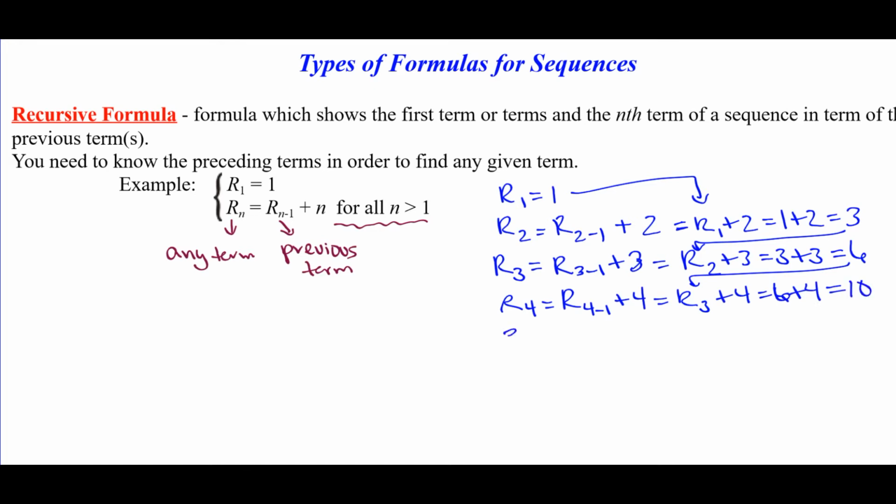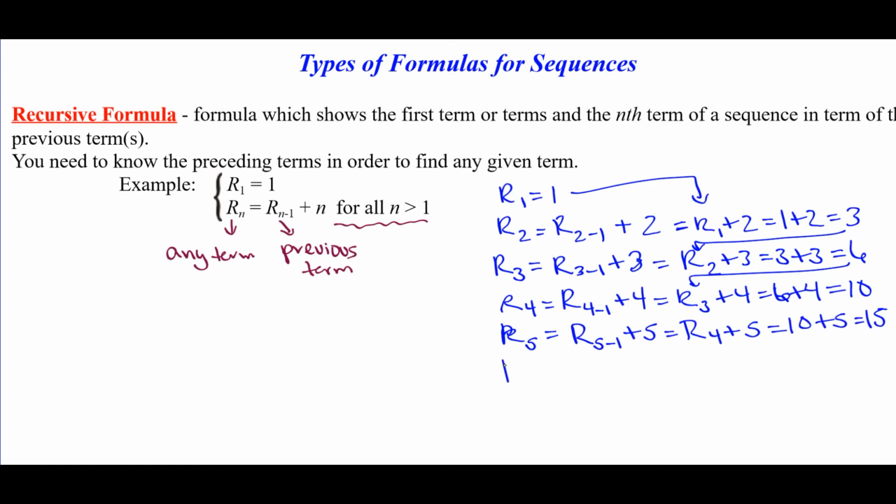So then I've got 2 more terms to build to get to that 6th term. So I want to find my 5th term, so r sub 5 minus 1 plus 5 here. So r sub 4 plus 5. So I'm going to plug in that 4th term, which was 10. So 10 plus 5 gives me 15.